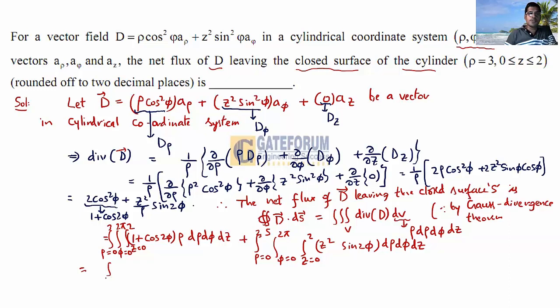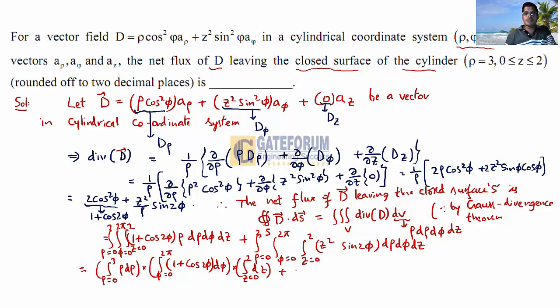So it can be written as a product of single integrals. That is, rho limits 0 to 3, rho d rho, multiplied with phi integration, phi limits 0 to 2 pi, 1 plus cos 2 phi d phi, into the integral z limits 0 to 2 dz. There is no z term in the first term.